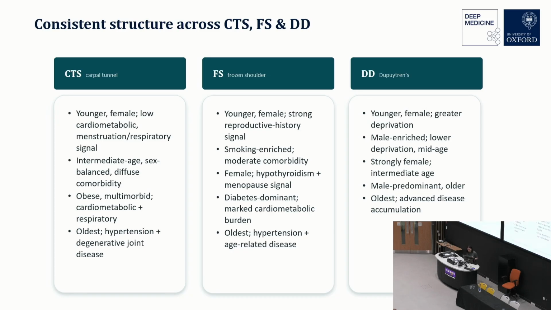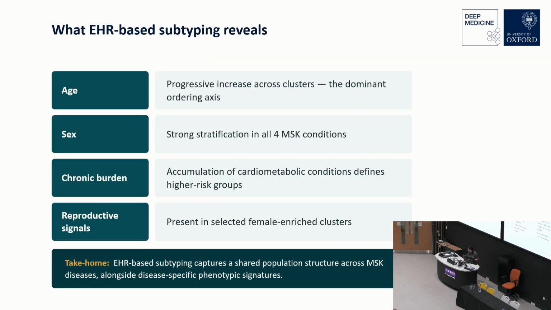Besides, we found something in common. For instance, all the cluster 1 groups are young females, and they all have a reproductive history or a menopausal-related history.